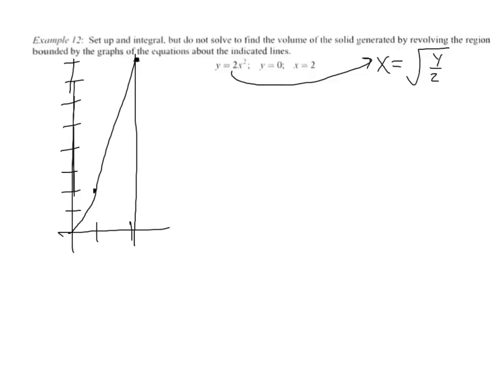So this would probably be the easiest thing to work with right there. And then our last example, now we're going to rotate around the line x equals 2. And so it would be around here. And so if we were to draw in a rectangle again, kind of like that, if we're going to rotate around this line, it is connected. That is a sign that it is a disk method.